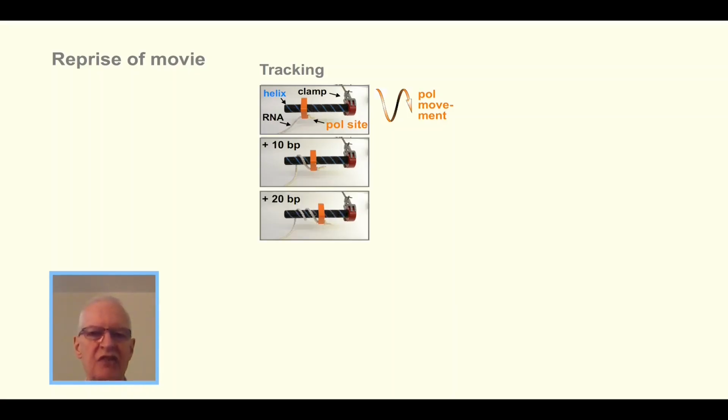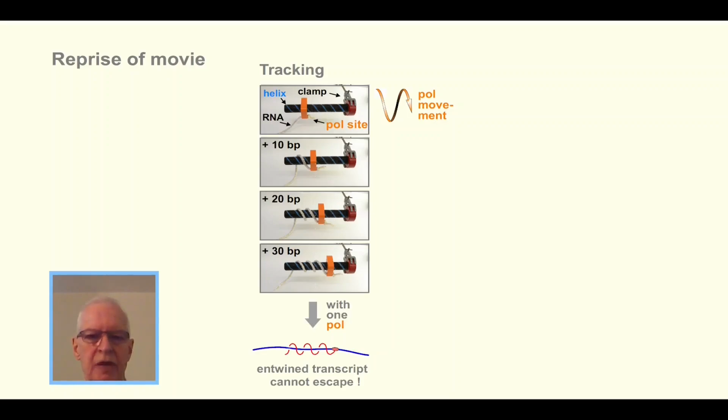And as it progresses, we get more and more until when we've gone 1,000 nucleotides, we've got 100 entanglements. Now that entwined transcript cannot escape unless you invent some mechanism to achieve it. And with many problems, you have a real problem.